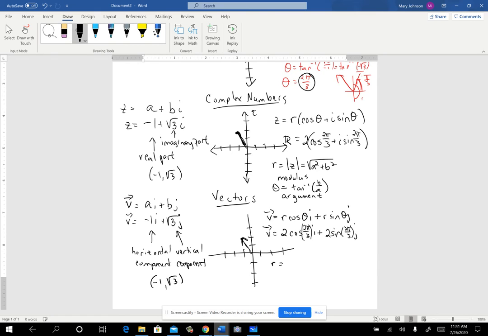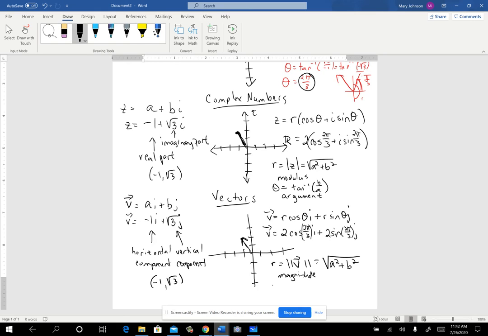The r is called the magnitude of the vector, and you'll see these 2 lines written on it. The magnitude of the vector. But it's just like the absolute value of z, and it's just like the radius. It's basically just the Pythagorean theorem, the square root of a squared plus b squared. But that's the magnitude of the vector.